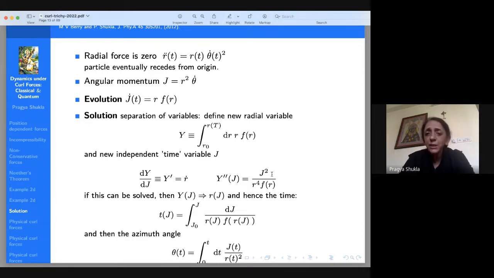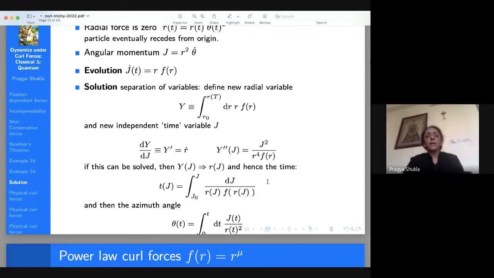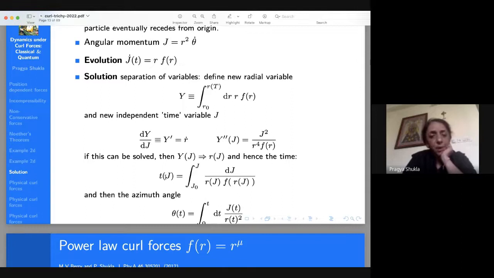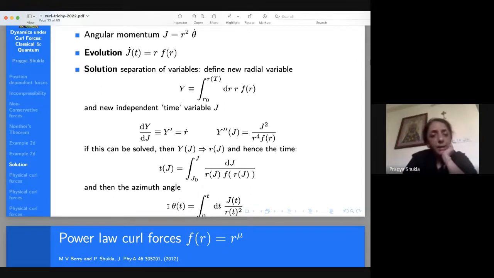The question is, if you can solve this equation, then you get y of J, because this side depends on J, and for a given r you can solve it, and then from y of J you can get r of J, and from there you can work out the time t of J by inverting it, and from there you can work out the angle theta.